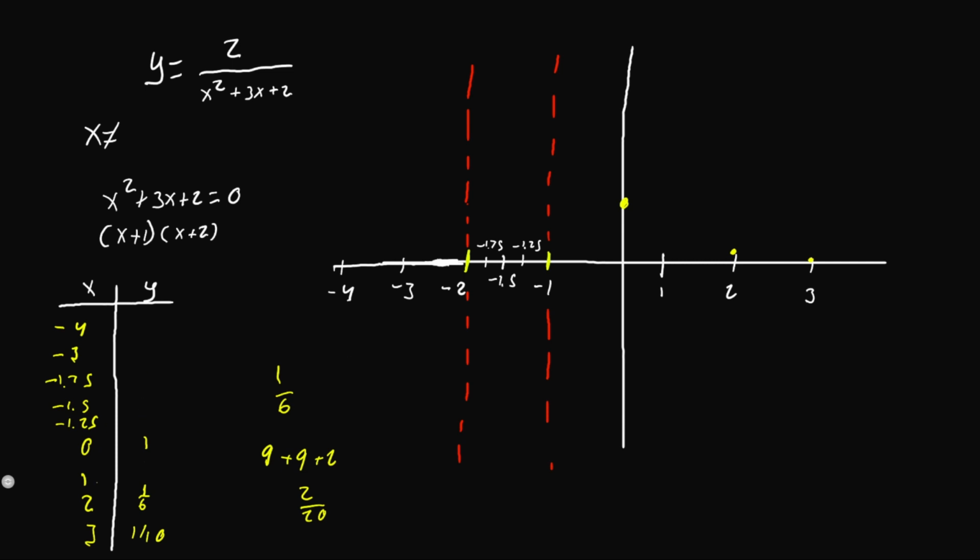And when x is equal to 1, we're going to get 1 plus 3 plus 2, which is going to give us 1/3, because we have 2 divided by 1 plus 3, which is 4, plus 2, which is 6. We know that is 1/3, so it is going to be here. So we can go ahead and erase that.